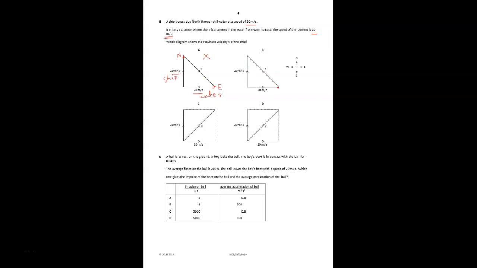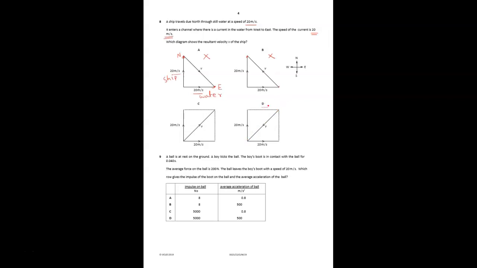Here also the head is here. This line head is here. So head to head you cannot connect. So this option is wrong. So it will be either C or D. D is for when the object, the ship, is stationary.